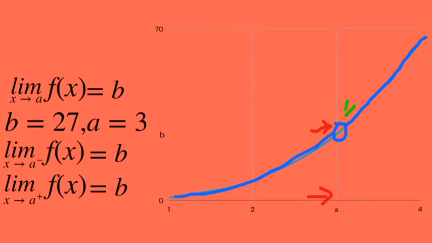When we approach from here, we also seem to be approaching about b, even though it's discontinuous.